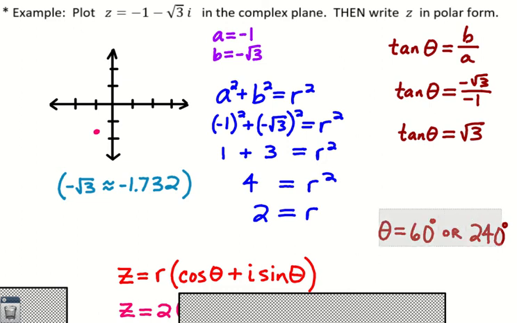Wait a minute. That's not right either, is it? What does your cheat chart say? Check it for me, actually. Pause the video. Check your cheat sheet. The tangent of what equals root 3? Because we're over here in quadrant 3, so negative 1, right?